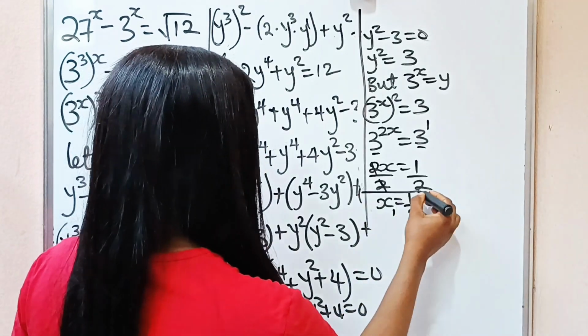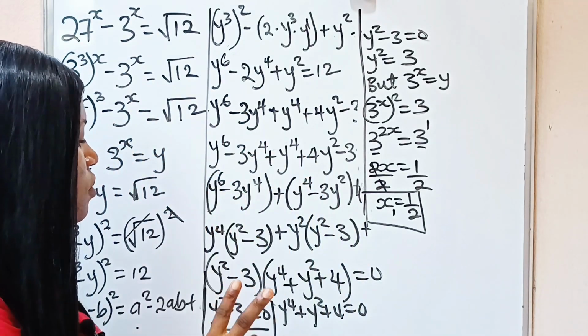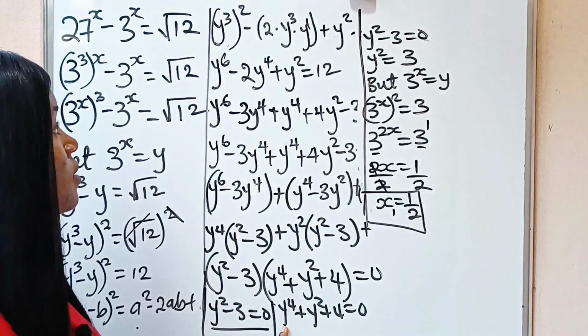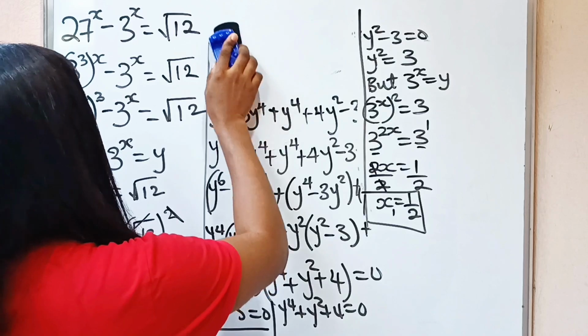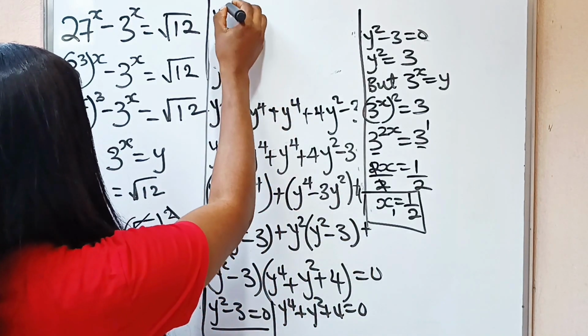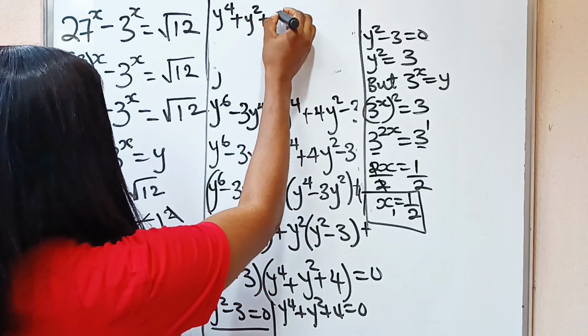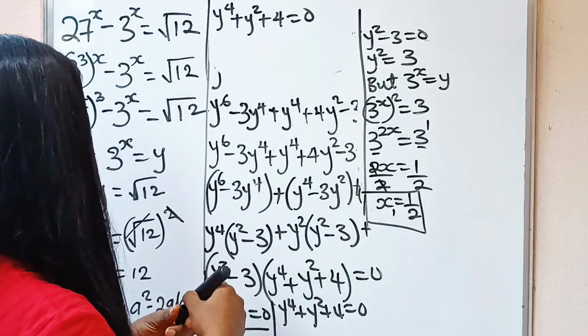So this is the first value of our x. Now let us look for the second value of x from here. Let me write it down before cleaning everything else. From here we have y to the power of 4 plus y squared plus 4 is equal to 0.